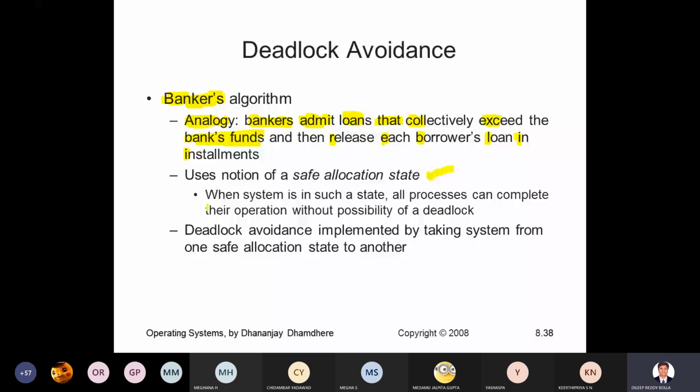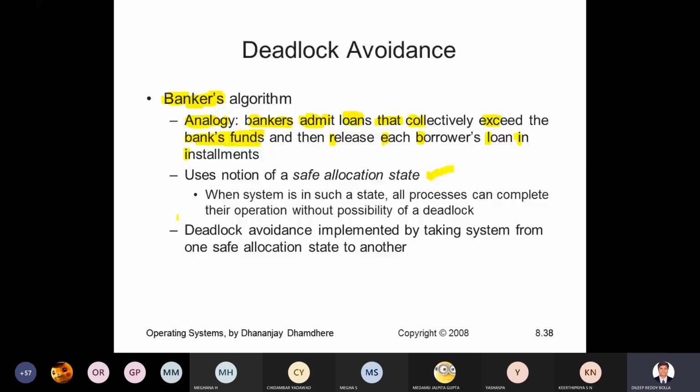Unless the bank is asking you, every month you keep paying, there is no problem, right? Similarly, when the process is getting the resources, there is no problem for the process. Until the process gets the resources, it keeps functioning. It will not have any deadlock, so it will continue its process.